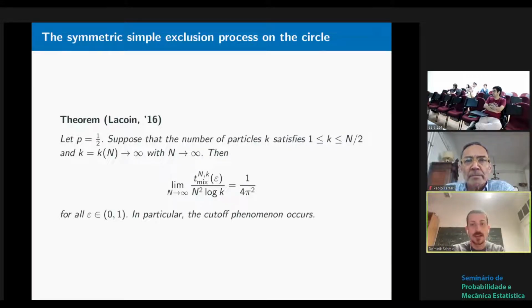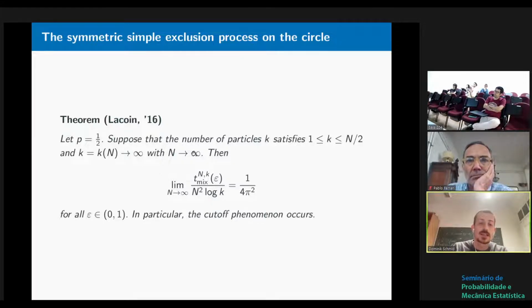To see this, note that in this picture of the particle system on the circle, the mixing time is the same if we replace k by n minus k, simply because we can exchange the roles of particles and empty sites. So this first assumption is not really a restriction, and I will assume throughout the talk that k is always between 1 and n over 2.